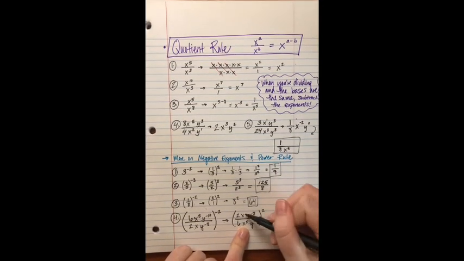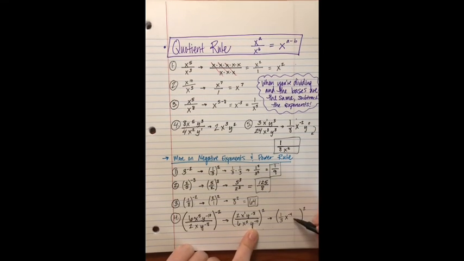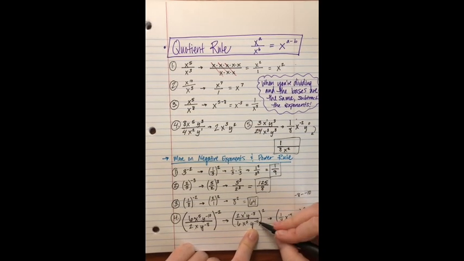I got x to the 1st power over x to the 5th, 1 minus 5. 1 minus 5 is -4. And then with the y's, you have -8. This always trips up kids, so I'm going to do it off to the side. -8 minus -10. Top minus bottom. When you subtract a negative, it turns into adding a positive, so -8 plus 10, which is 2.